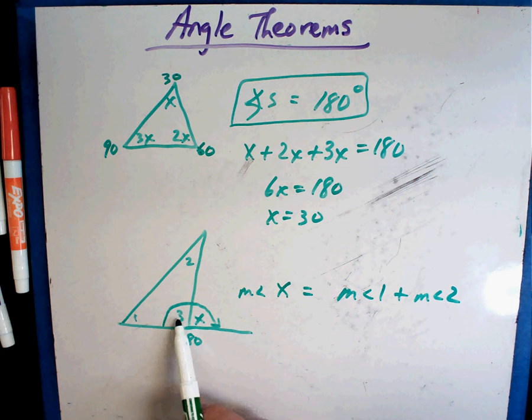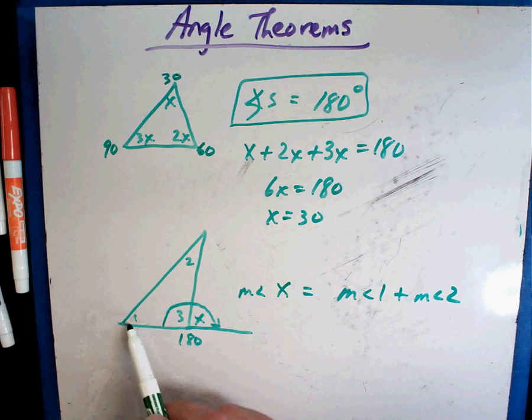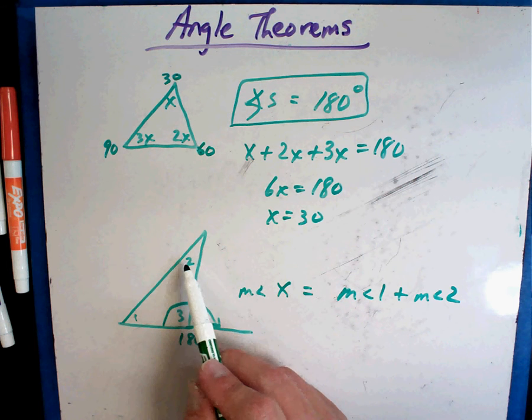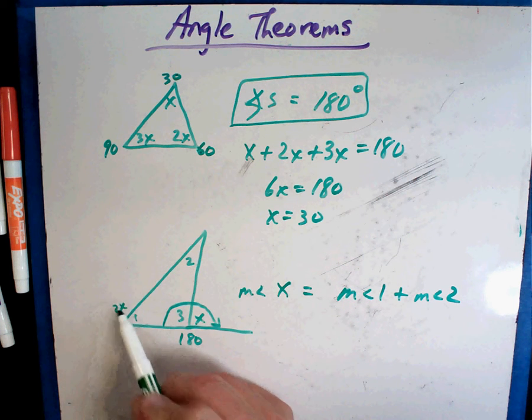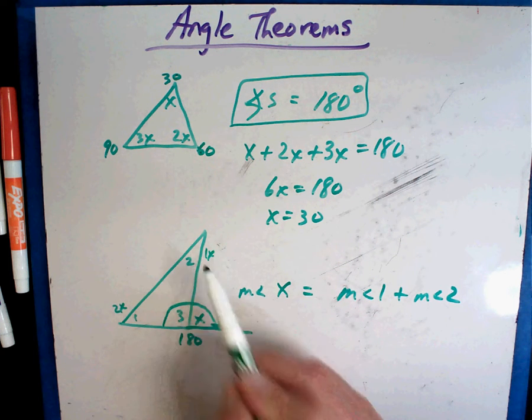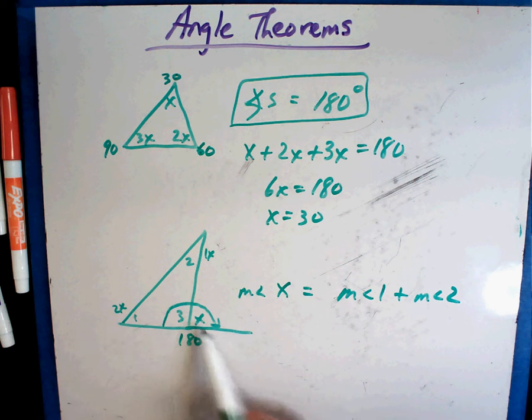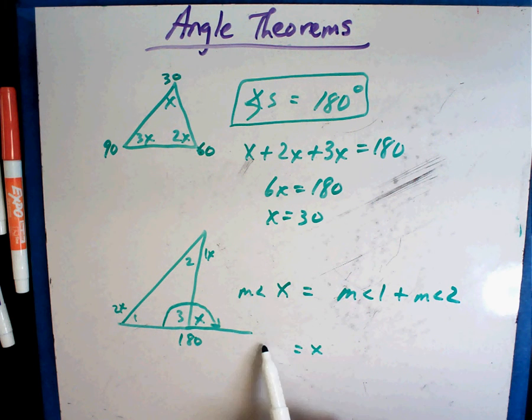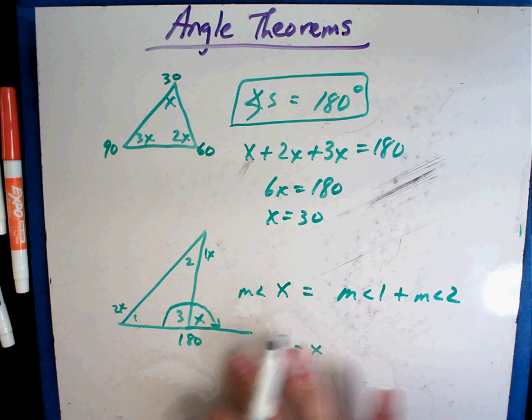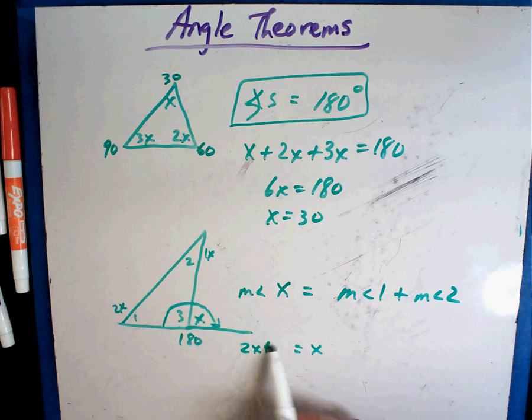But if you don't have that number, but you have these, even if it's symbols, so let's say this was 2x and this was 1x, then I know that this x out here is going to be equal to the 2x plus the 1x if I don't have real numbers. And so I know that that's going to be true.